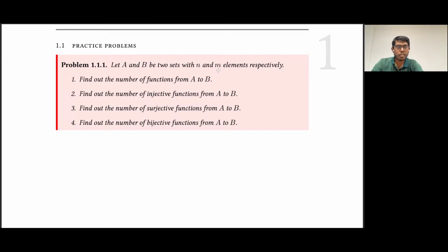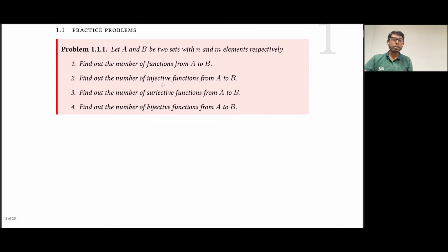So I thought let's discuss in more generality: if A and B are two finite sets with n and m elements, then how many functions are there, how many are injective, how many are surjective, and how many are bijective, and when do such functions exist. So let's start with this.